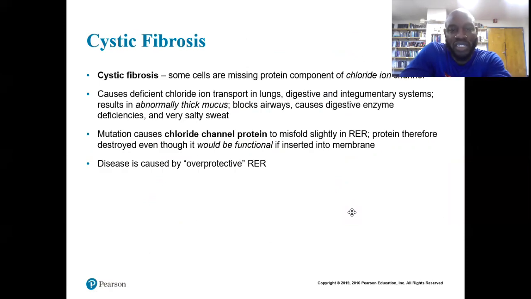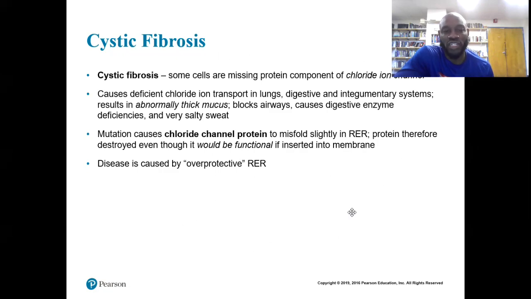Some cells are missing a protein component of a chloride ion channel, which causes deficient chloride ion transport in the lungs. You need chloride ion transport. It affects your digestive system and your integumentary system, your skin. It results in abnormally thick mucus, blocks airways, and causes digestive enzyme deficiency.